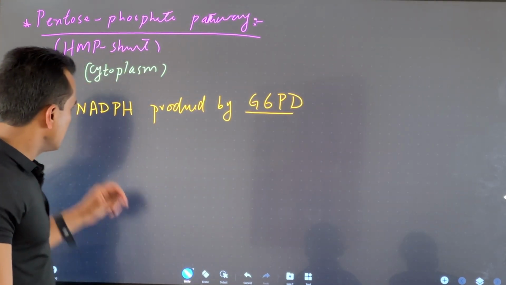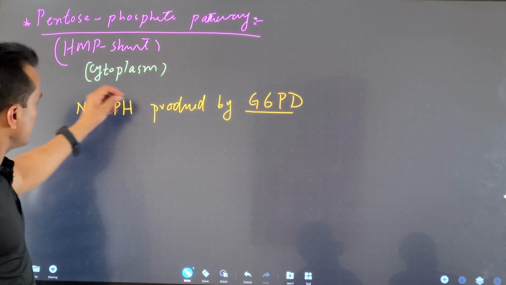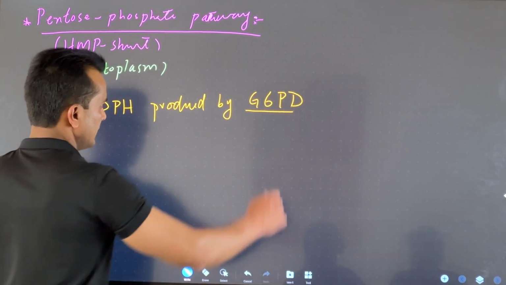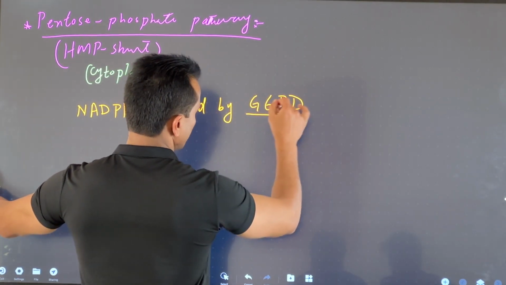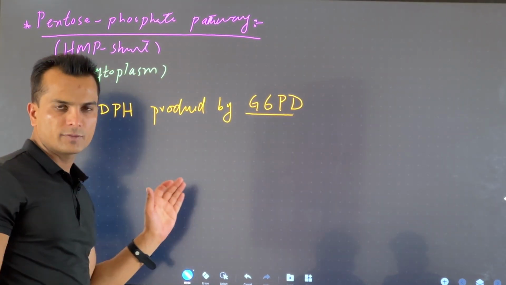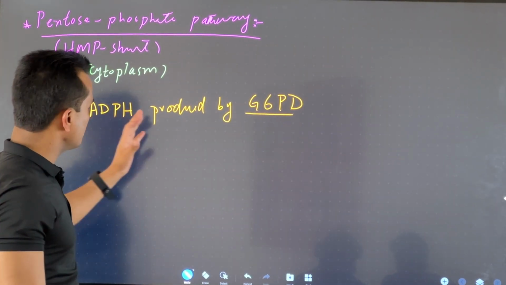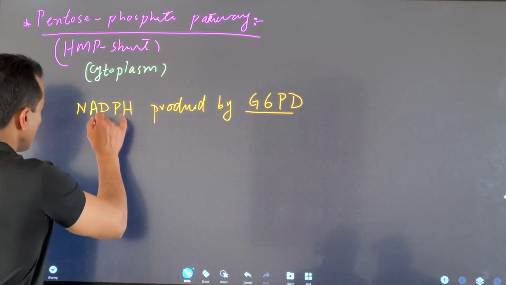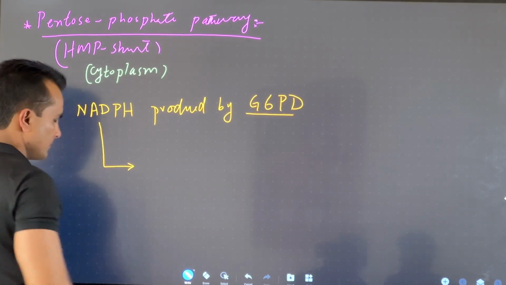So remember that NADPH is produced by the pentose phosphate pathway from glucose 6-phosphate, and the rate limiting enzyme for the HMP shunt is glucose 6-phosphate dehydrogenase.